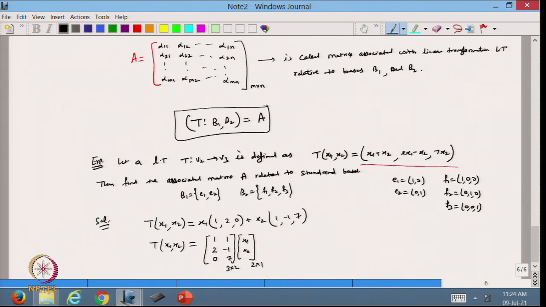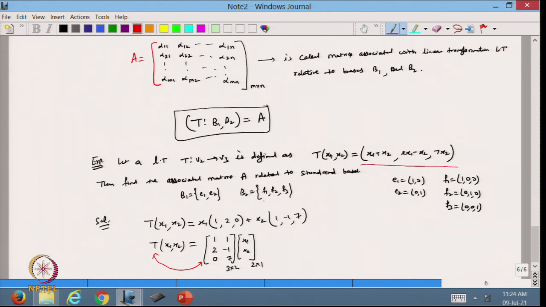Now, based on this, this matrix A will correspond to the linear transformation T, because in this case I am talking about the standard basis.